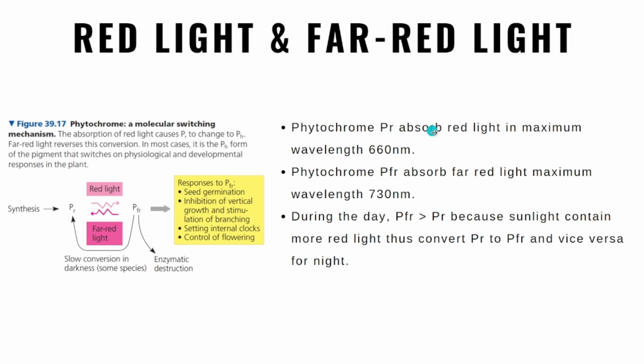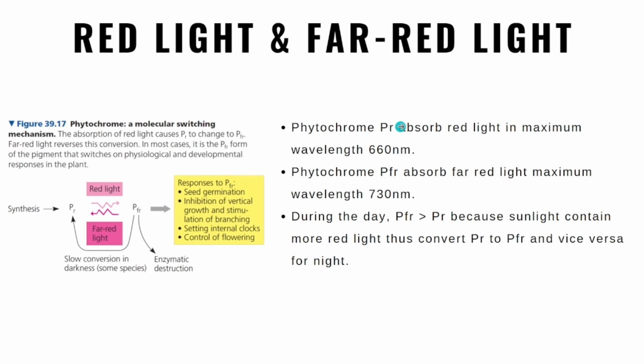Okay, what is red light and far-red light? Red light normally comes with the sunlight. So Pr absorbs red light, which happens during the day. Far-red light is during the night. So imagine red light is equivalent to day, far-red light is equivalent to night.